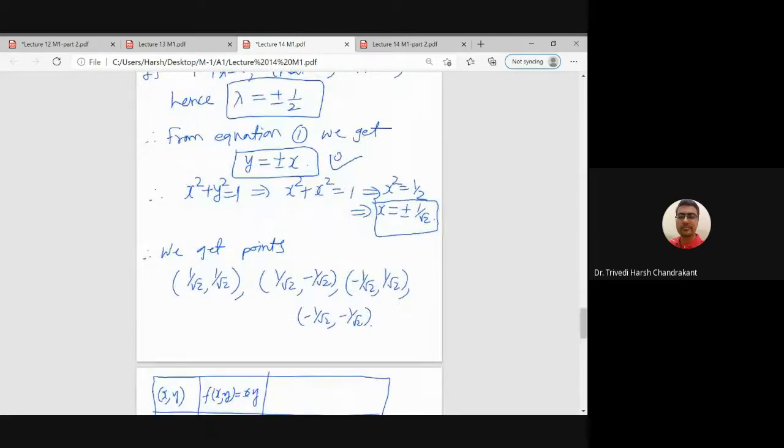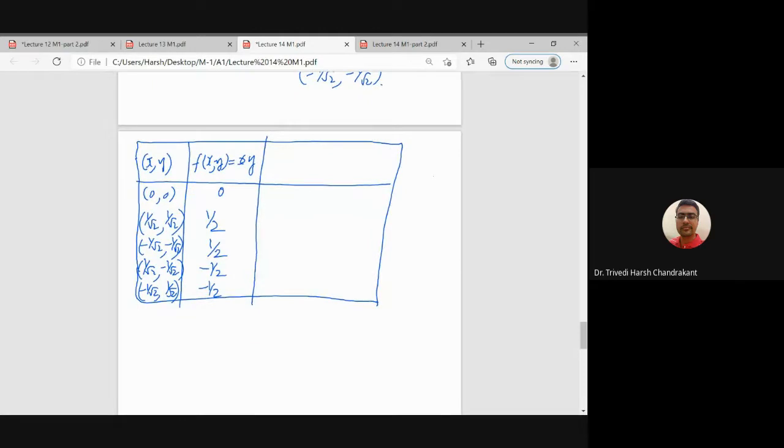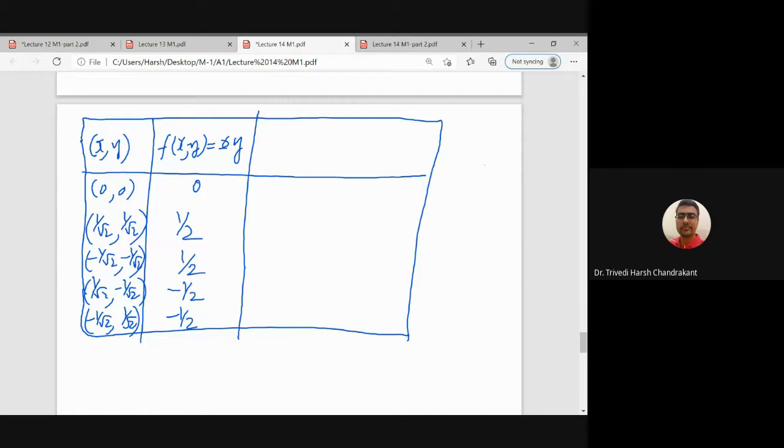And the point which is interior to the domain that we already found in the first step, that is 0, 0. So now we have evaluated the function x into y at all these 5 points, and by looking at the value of the function, we can see that the absolute maximum value is half, the absolute minimum value is minus half, and at 0 we have nothing.